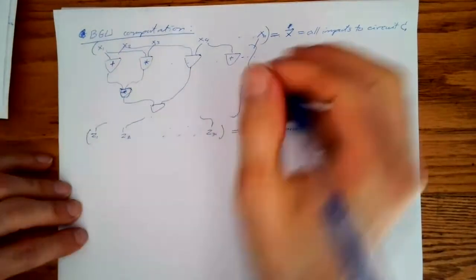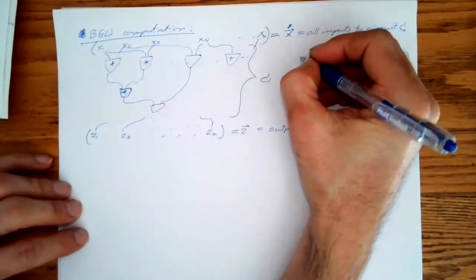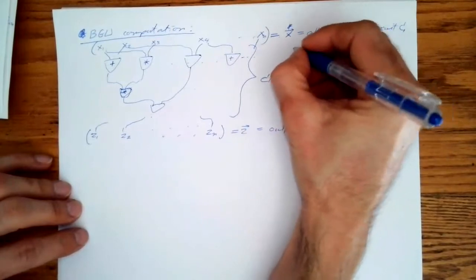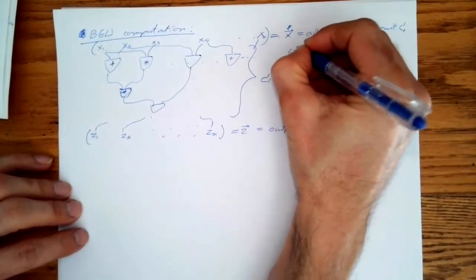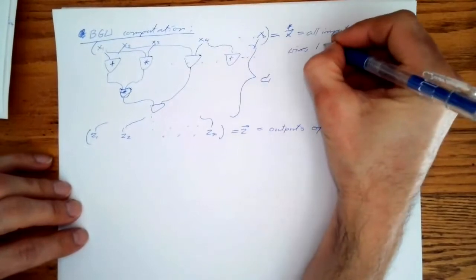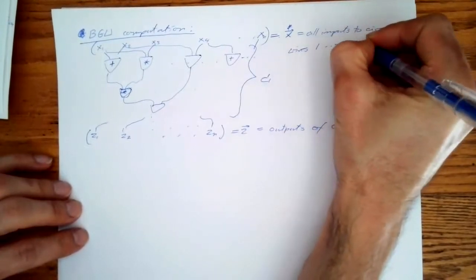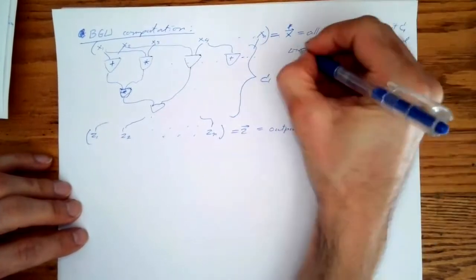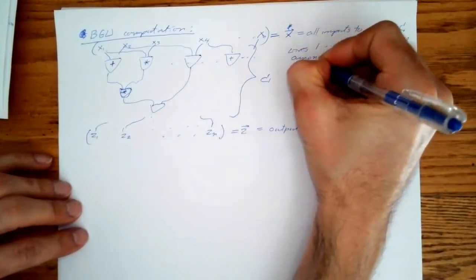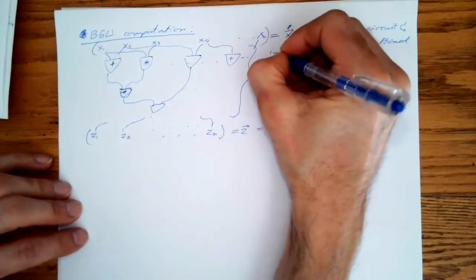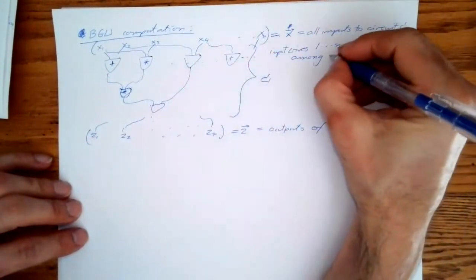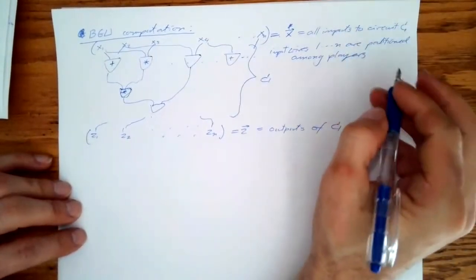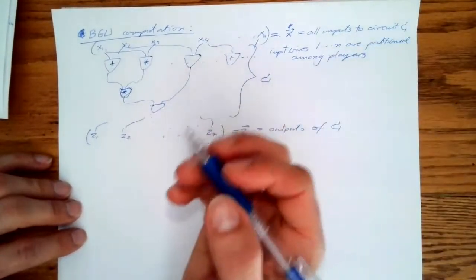Now, wires 1 to n are partitioned, so these are input wires, partitioned among the players. Okay, sorry.